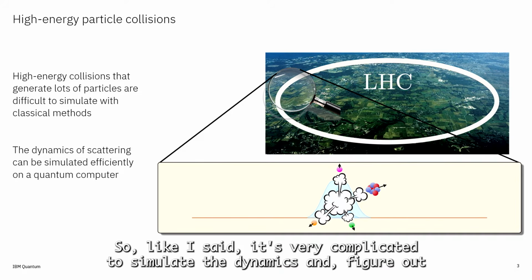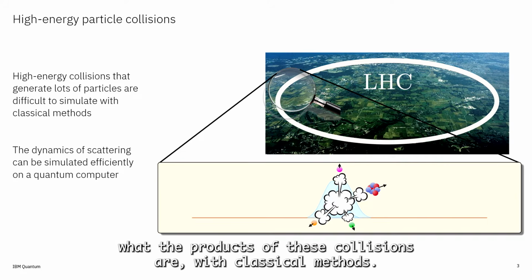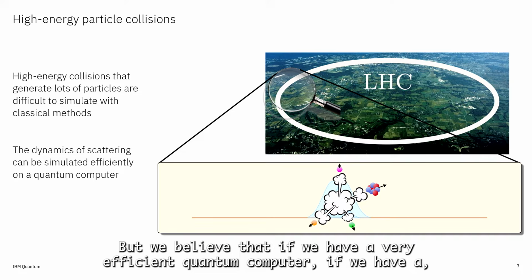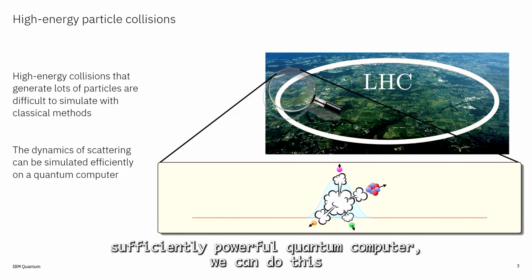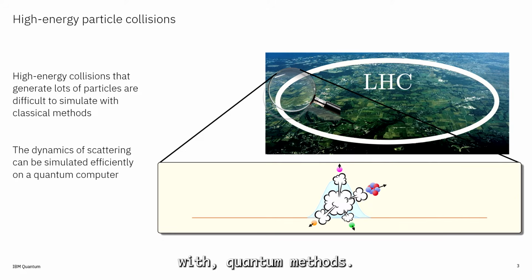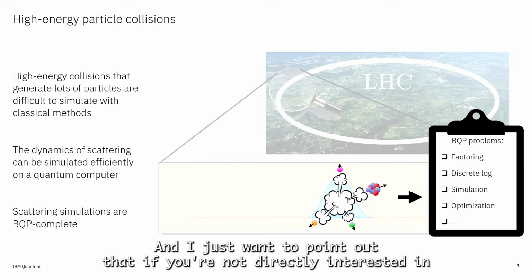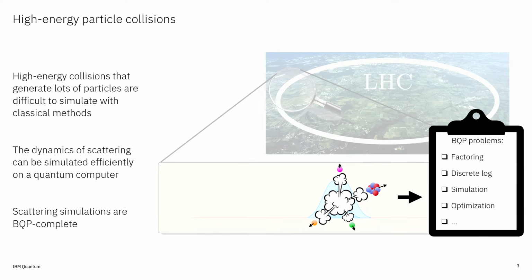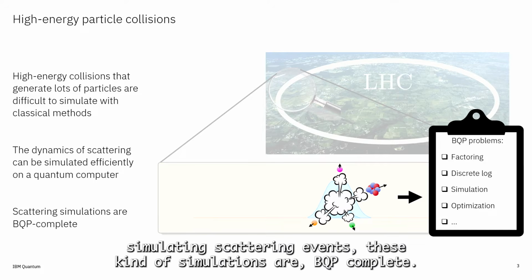Like I said, it's very complicated to simulate the dynamics and figure out what the products of these collisions are with classical methods, but we believe that if we have a sufficiently powerful quantum computer, we can do this with quantum methods. And I just want to point out that if you're not directly interested in simulating scattering events, these simulations are BQP complete.